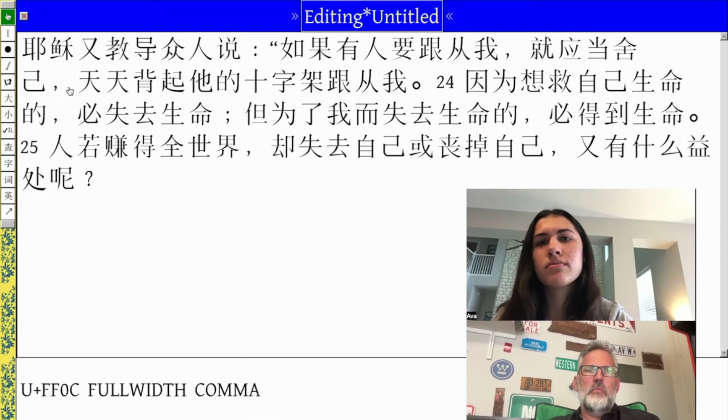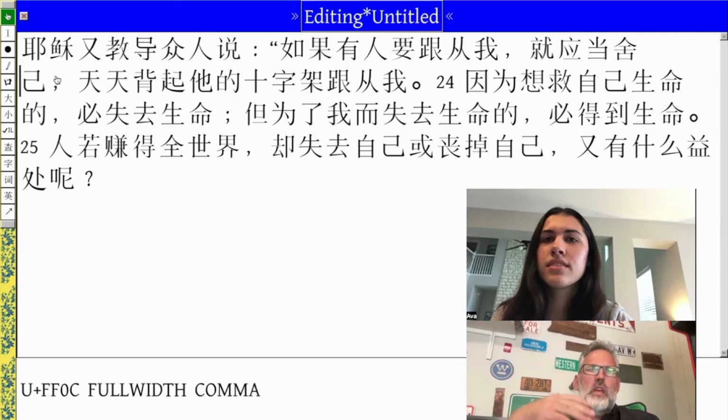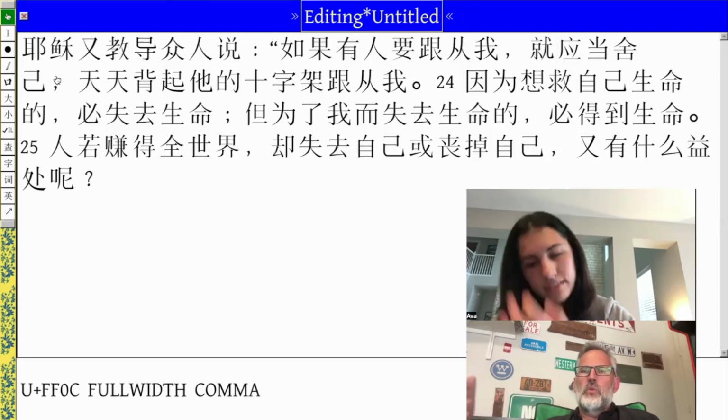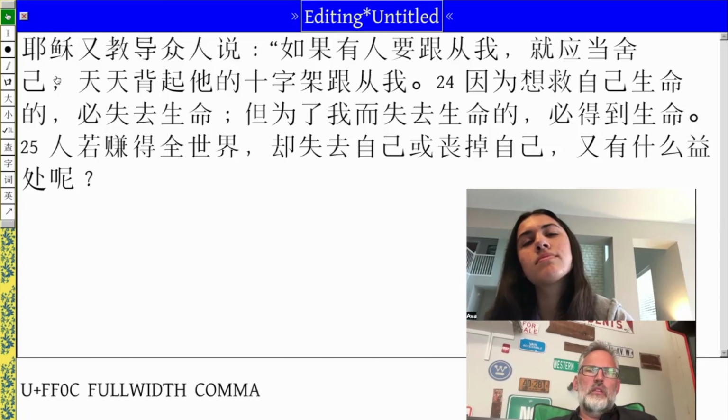The next part, can you read it? Is that 天? Yeah, 天. If you say 天 it can be heavens or day. If you say 天天, that's like every day. You could say 每天, but the way it sounds, I guess, is prettier in Chinese.